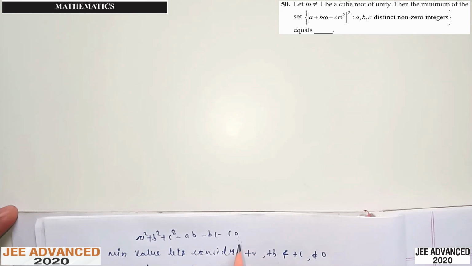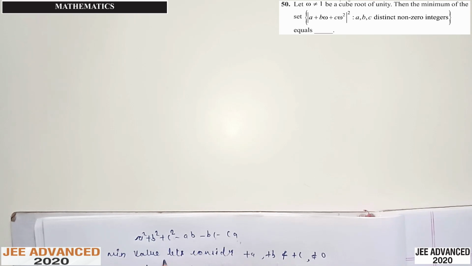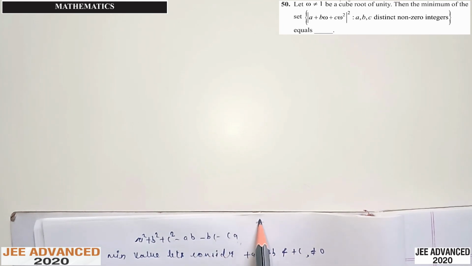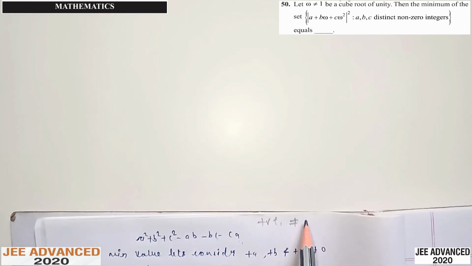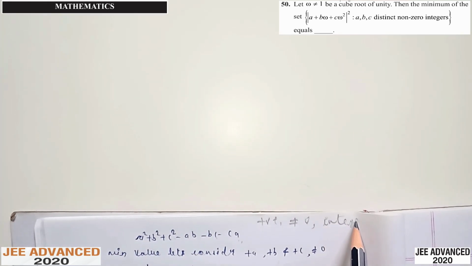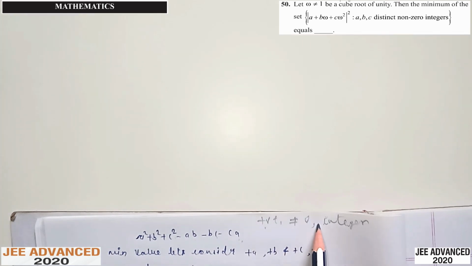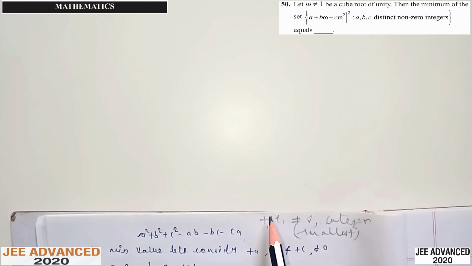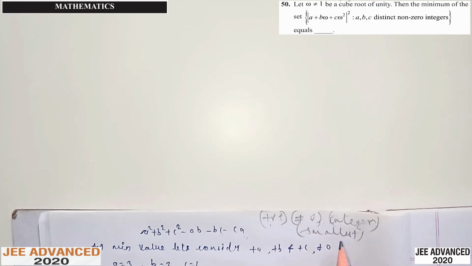Now what is given: we have a condition on a, b, c for the minimum value of our polynomial, which is an integer, non-zero, positive. The condition given is positive non-zero integer, and they need to be the smallest.